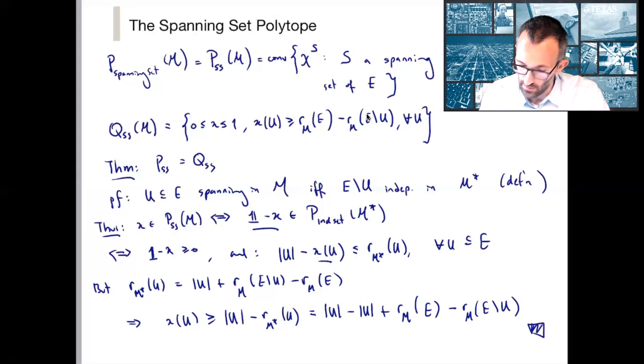So that concludes this result and our characterization of the spanning set polytope. And we will pick this up next time.